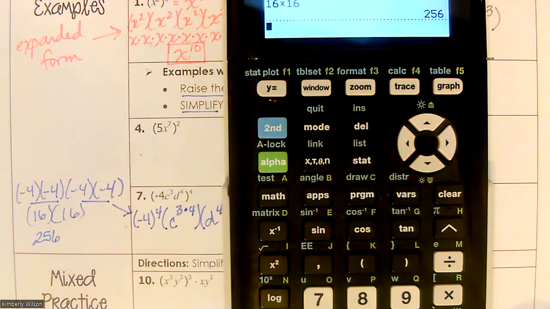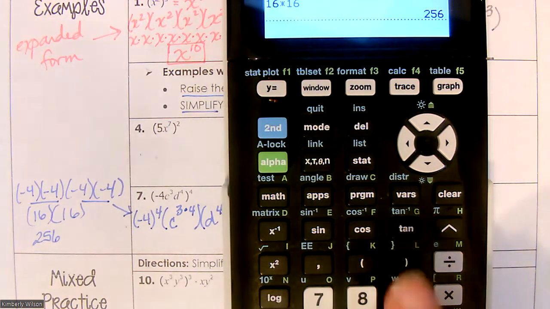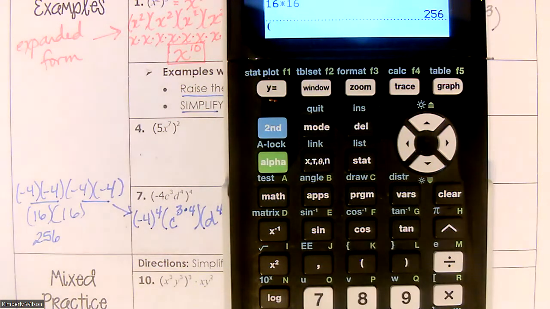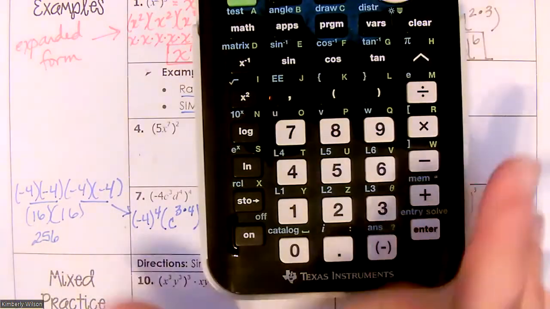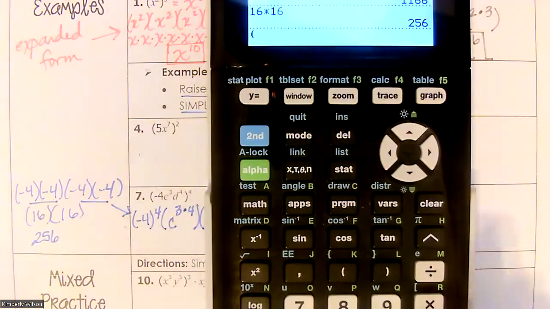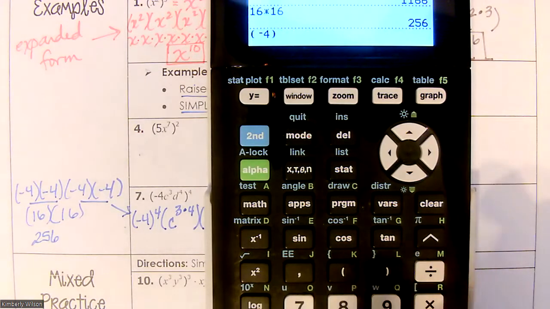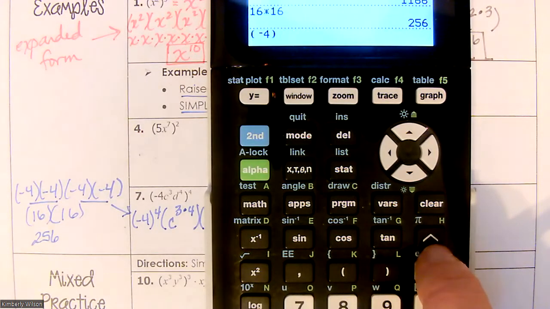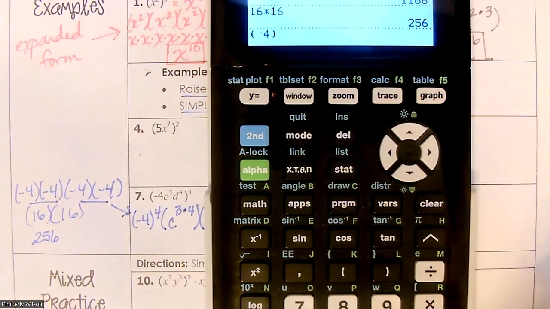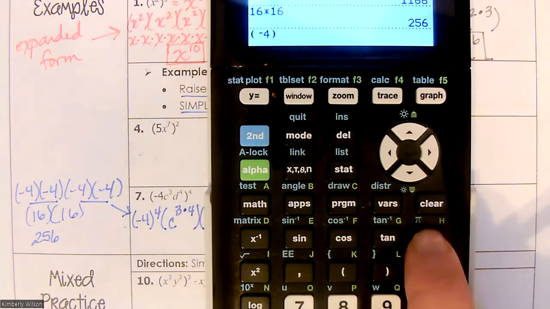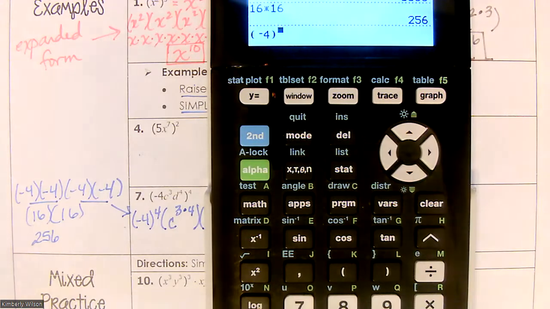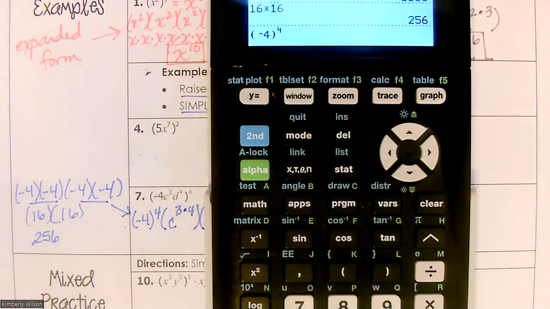Okay, we want -4, so that means I have to put it in parentheses. So I'm going to press open parentheses and then the negative button, which is down here, -4, close parentheses, and then what I call the rooftop or the caret button, the one that raises it to the exponent, and then I need a 4 for the 4th power.